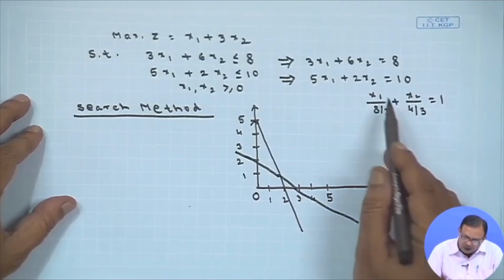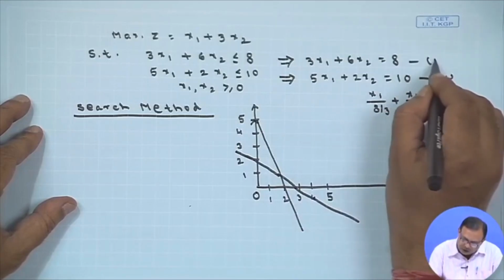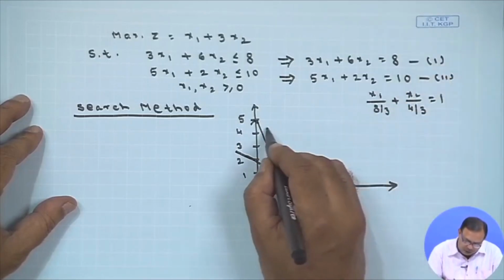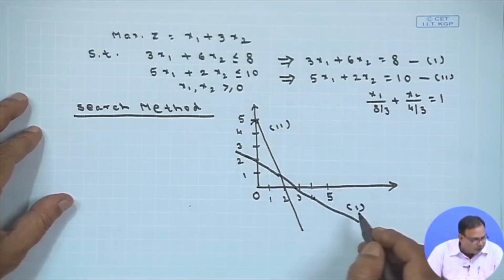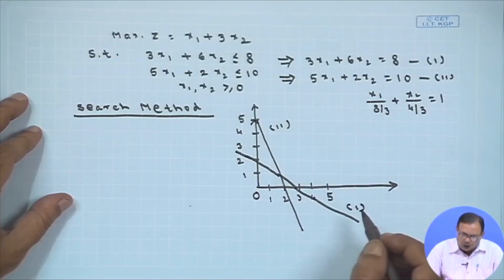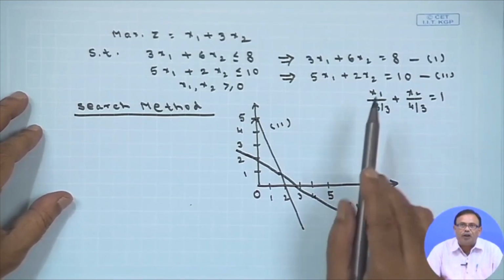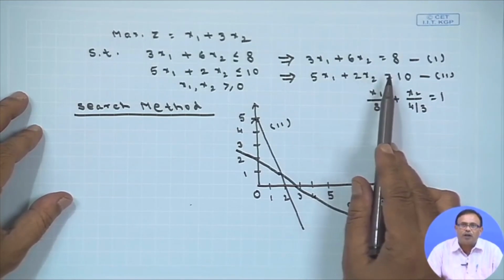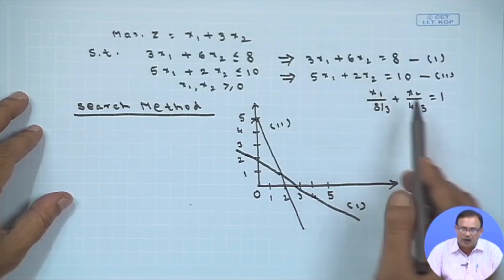This represents line 2, whereas this represents line 1. So first we write the equalities 3x1 plus 6x2 equals 8 and 5x1 plus 2x2 equals 10.